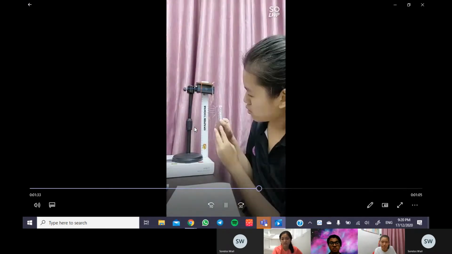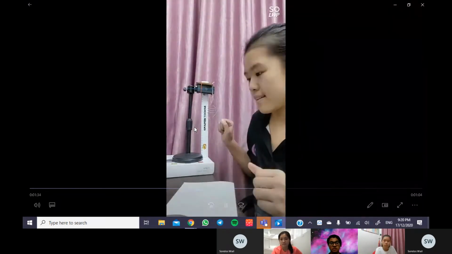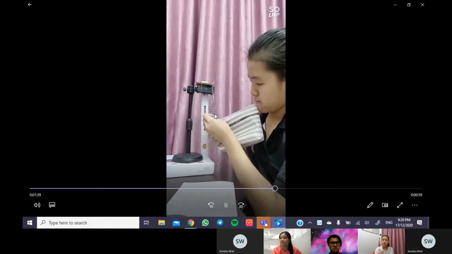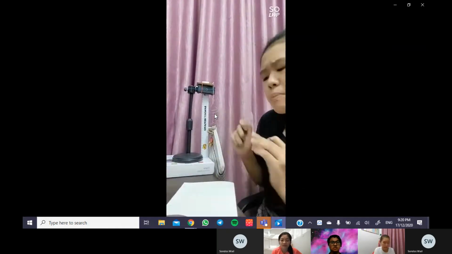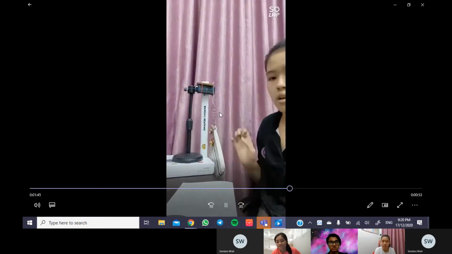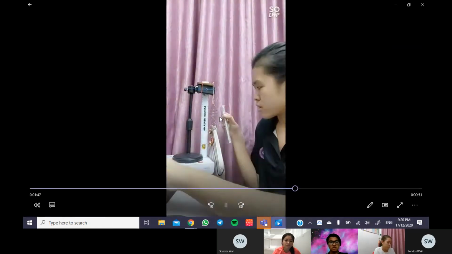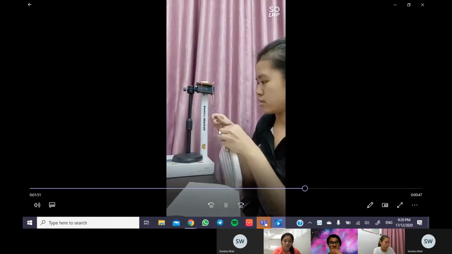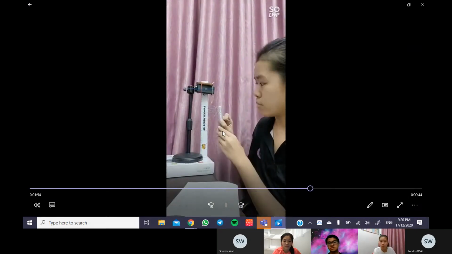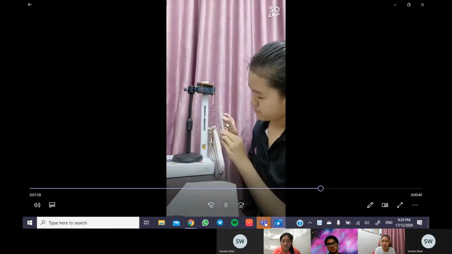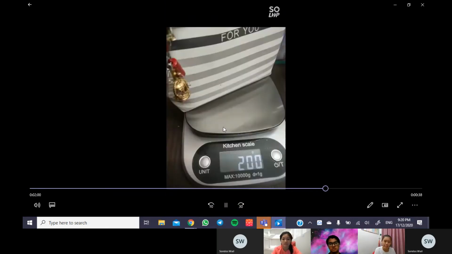This is the second shortest one, which is 2.5 cm. I measure the length of the spring, not the length of the wire. For this one, my final lengths were 3.4, 3 and 3.2. So the extension is like 1 point something cm.